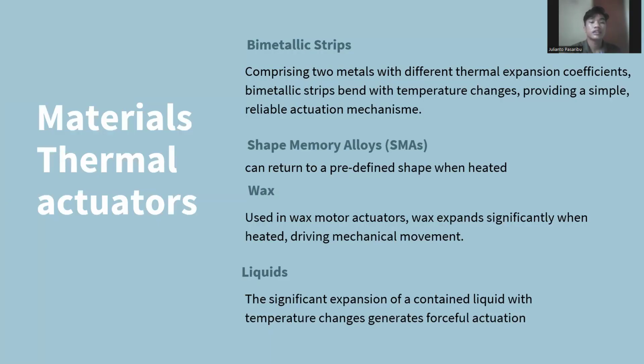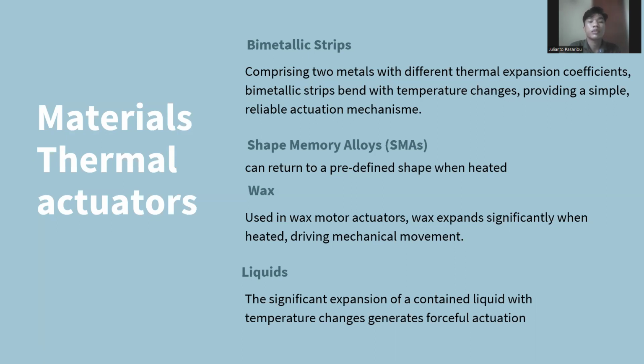Other than that, there are materials for thermal actuators. In this part, we can see four materials of thermal actuator. Number 1, bimetallic strips. Comprising two metals with different thermal expansion coefficients, bimetallic strips bend with the temperature change, providing a simple, reliable actuator mechanism. Number 2, shape memory alloys or SMAs.